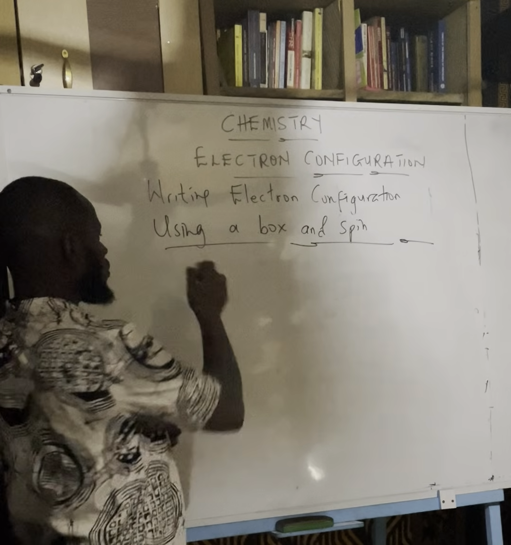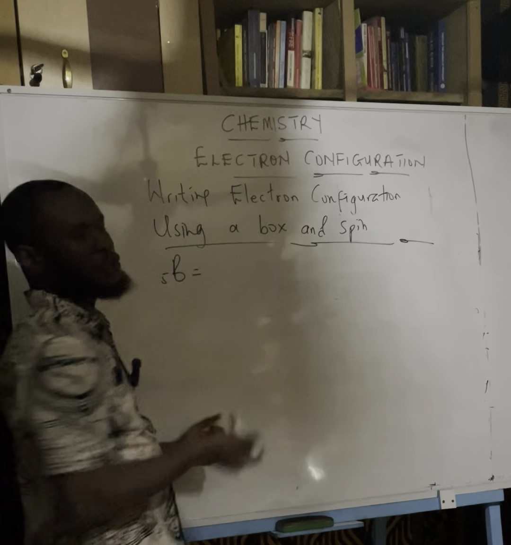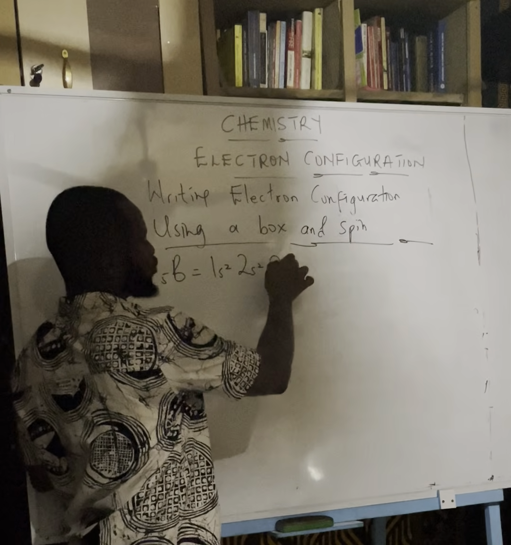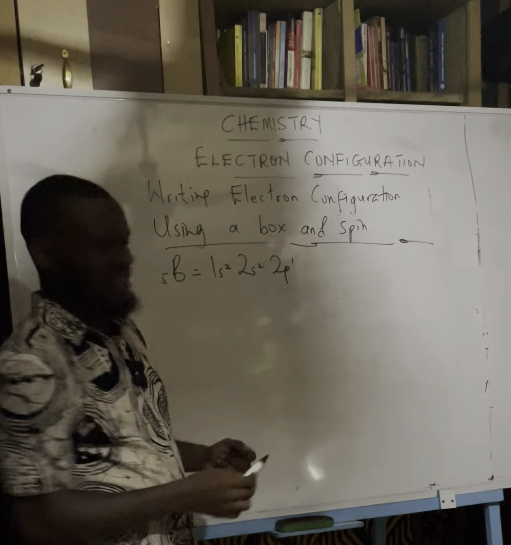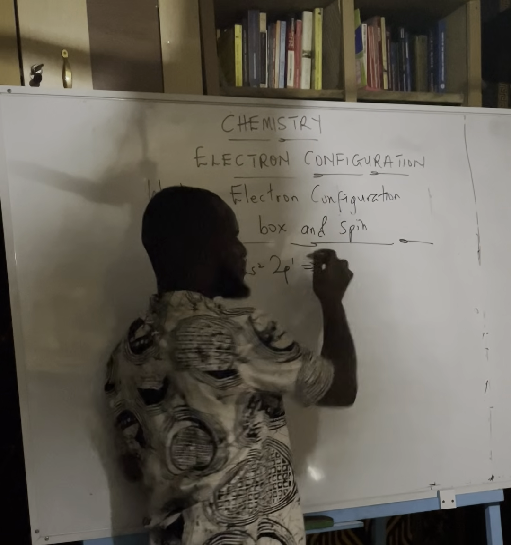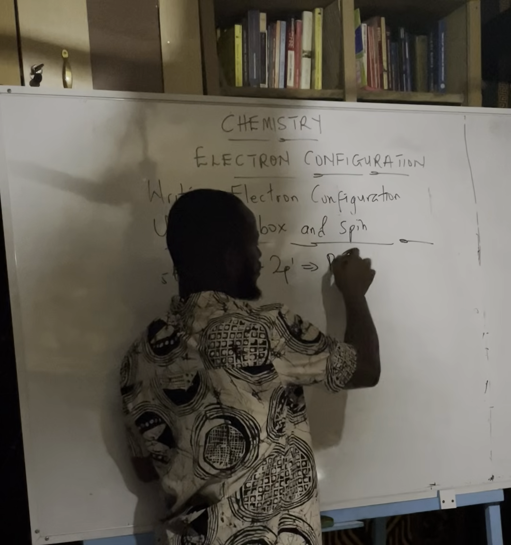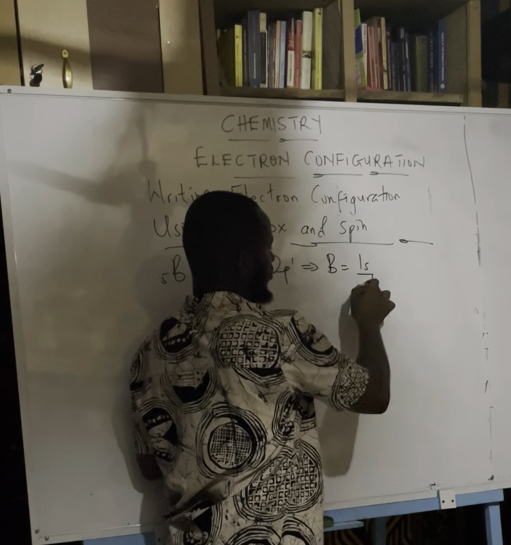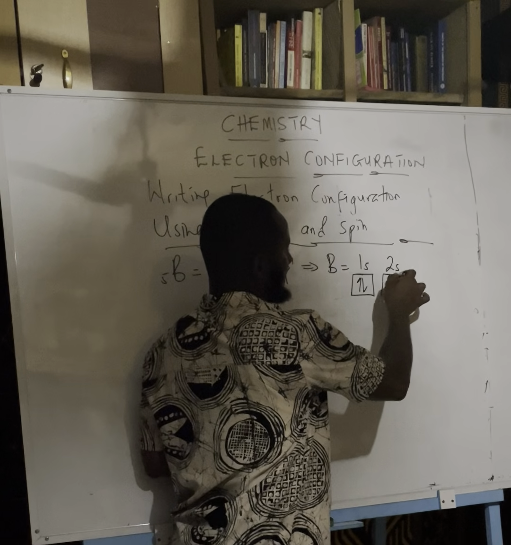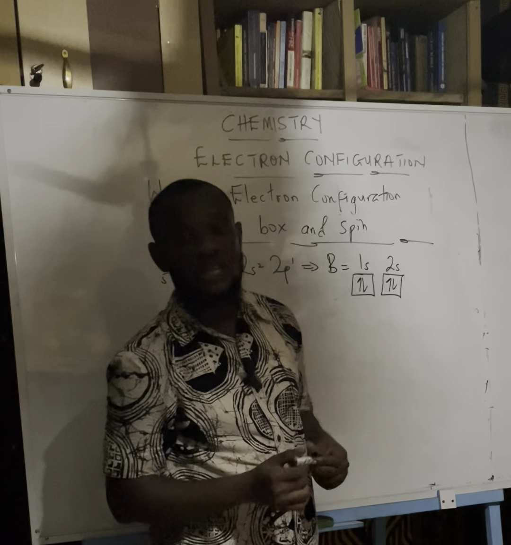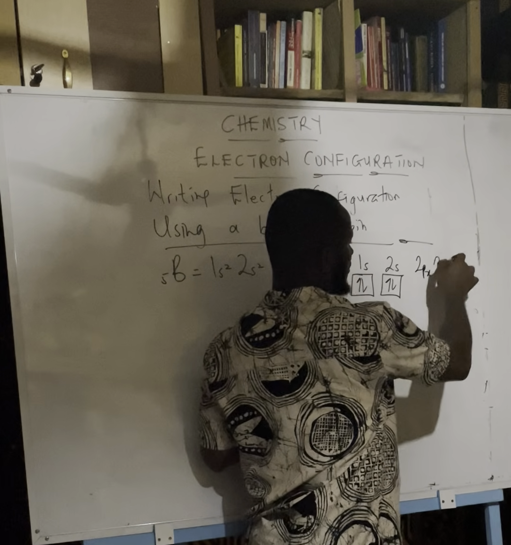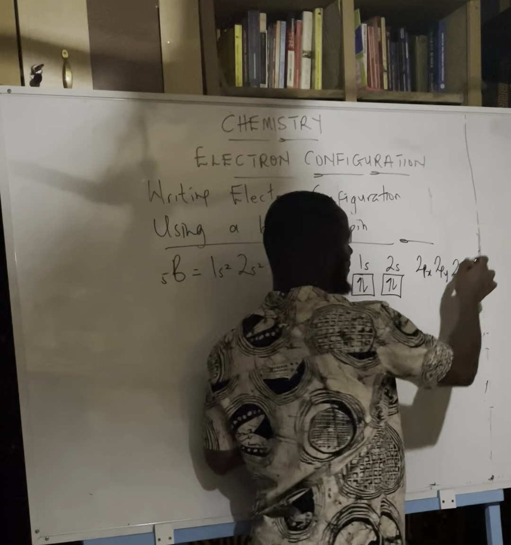So when we get to boron, boron is 5. So we would have written boron as 1s2, 2s2, 2p1. Now when it comes to the spin, boron will be written as 1s, 2s. Now the 2p, remember with boron, you have 2px, 2py, and 2pz.